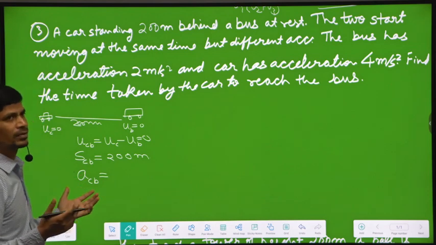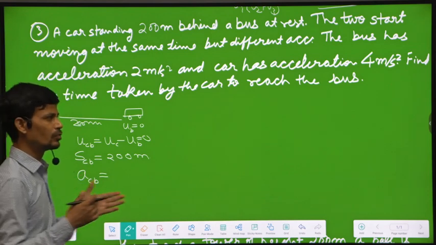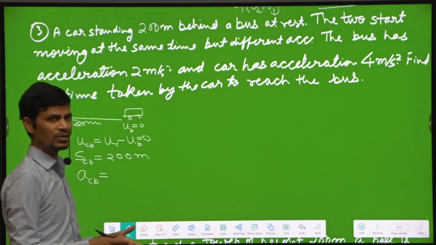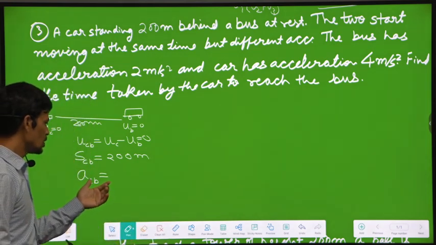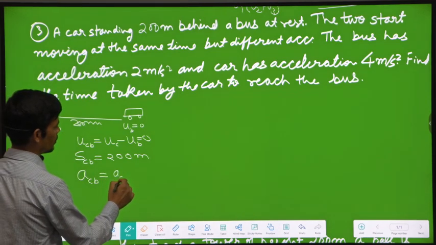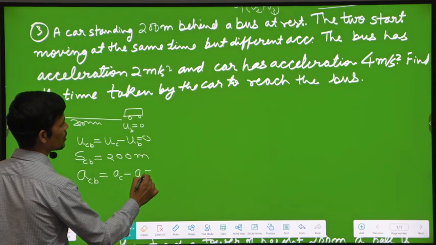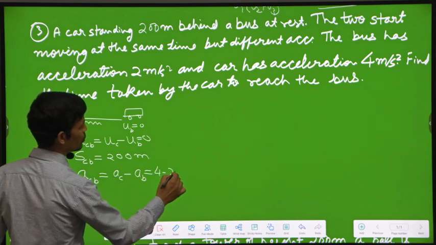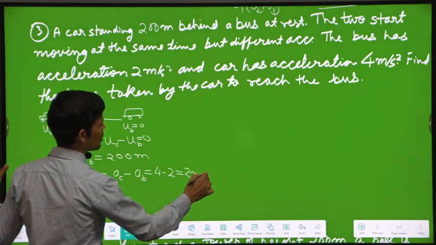Okay. By the time, just recall that concept. When two objects move in same direction, we subtract their velocity. So also their acceleration. So acceleration of car minus acceleration of bus. So that is 4 minus 2, that is 2 meter per second square.